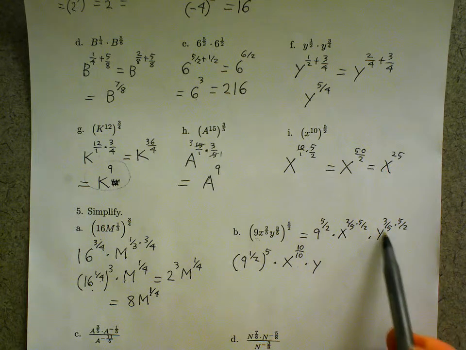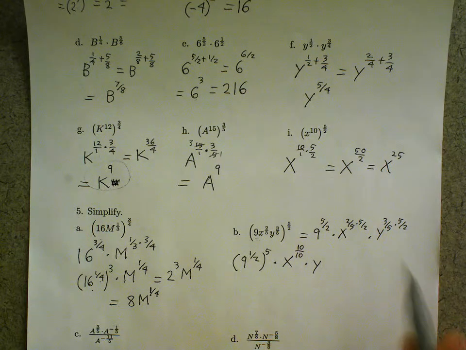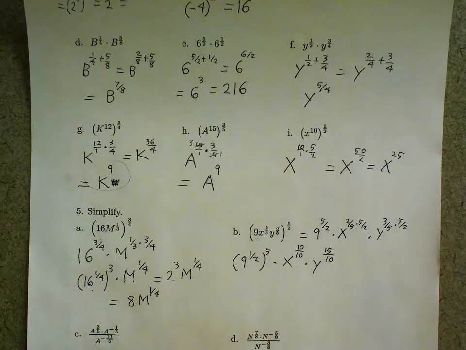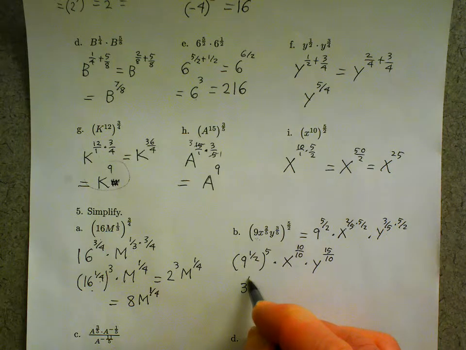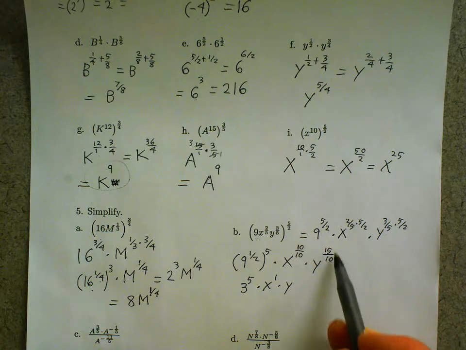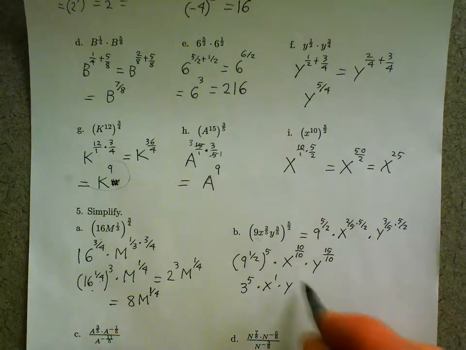And then y to the 3/5 times 5/2 is y to the 15 over 10. 9 to the 1/2 is 3, so we get 3 to the 5th times x to the 1st times y to the 3/2.